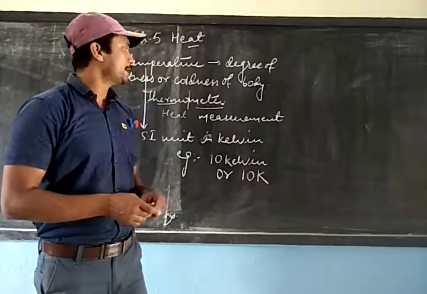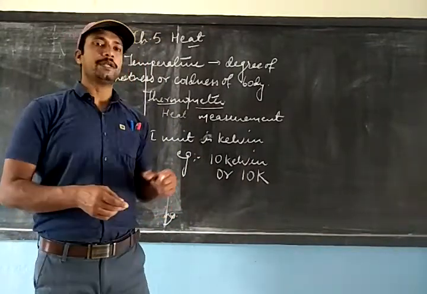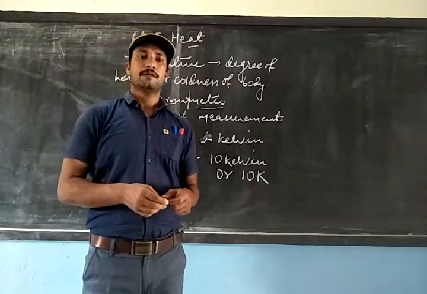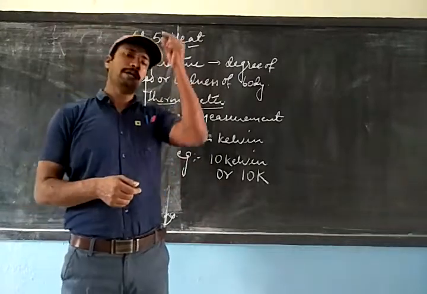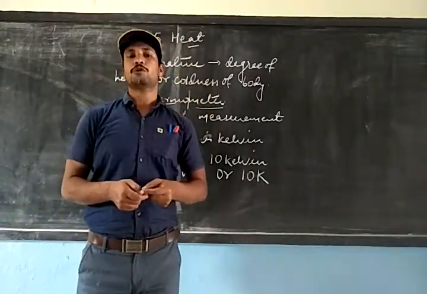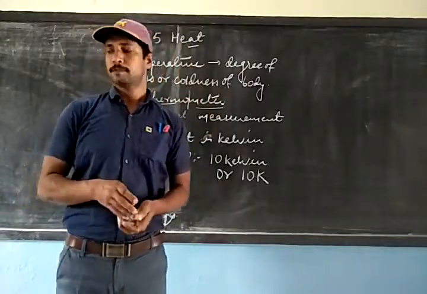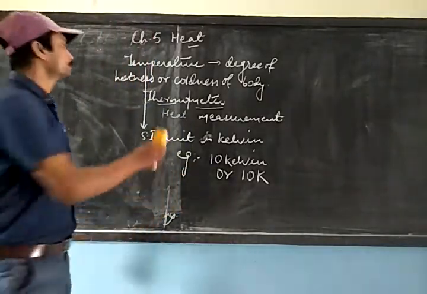Now you know that to measure the temperature we require a thermometer. If you see the thermometer, you will find it has a very narrow tube which is called the capillary. This is how it looks.